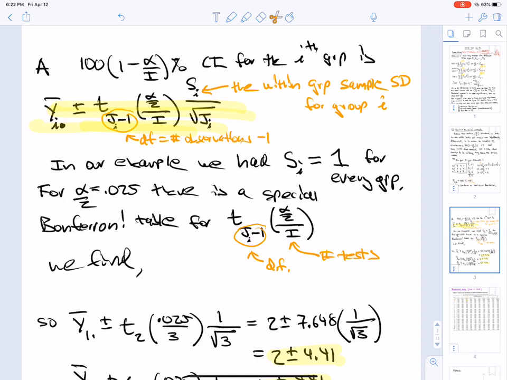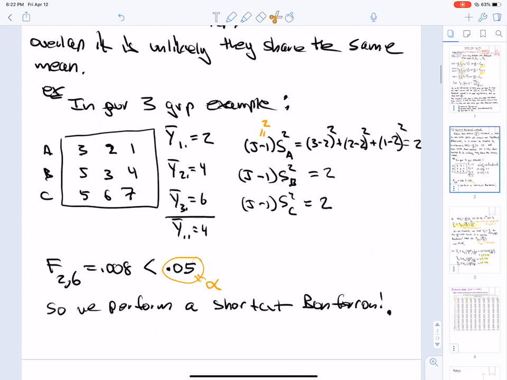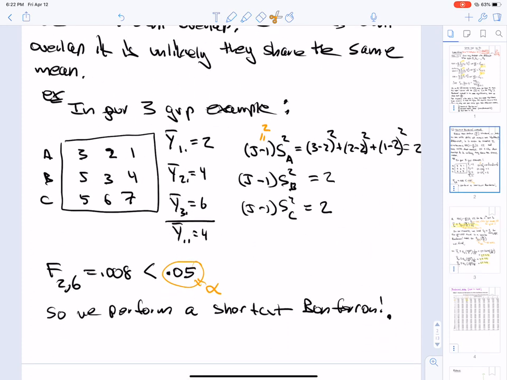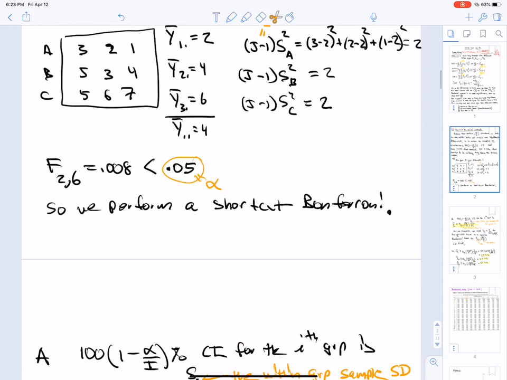In our example, the Si for every group is 1. You can see the sample variance for row A is 1, and the sample variance for row 2 is also 1, and the sample variance for row 3 or C is also 1.